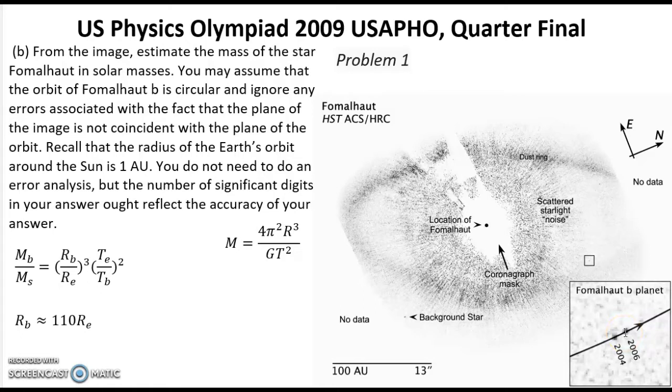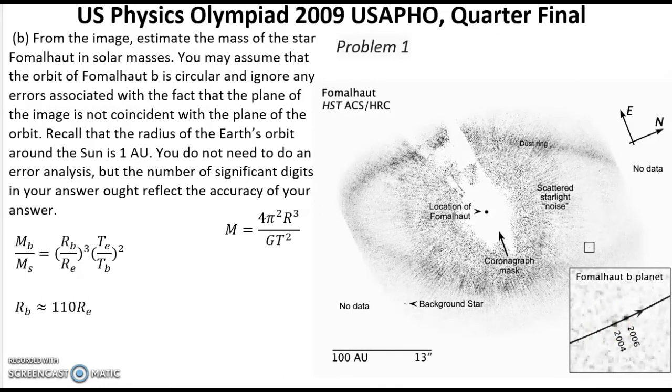Let's calculate the period from this data. It means that the speed of this planet is approximately this expression: the distance 1.4 astronomical units divided by 2 Earth years, which is 0.7.